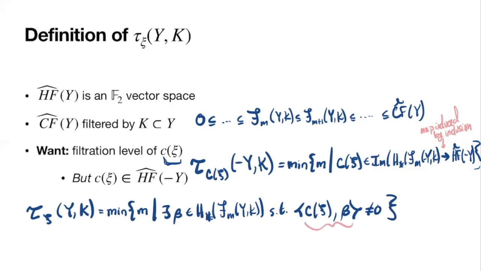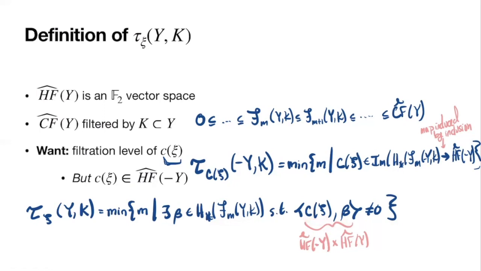This is the pairing between HF hat of minus Y and HF hat of Y. You should think of this as the pairing between homology and cohomology. So what am I doing here? I'm looking at this filtration of K in Y and picking out the first time I get something beta that pairs non-trivially with this contact invariant.